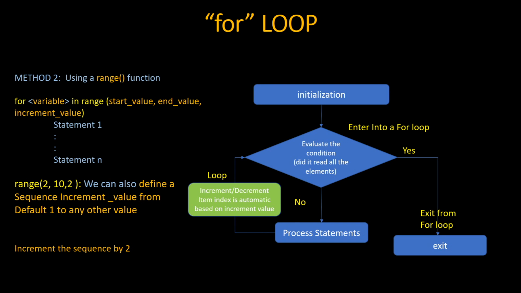As you can see here, I have a range of 3 arguments, 2, 10, 2, in which 2 is the starting value, 10 is the ending value, and this last 2 is the incrementation value. That means it will increment the sequence by 2.